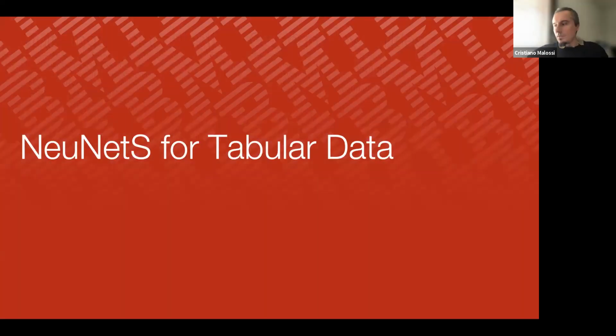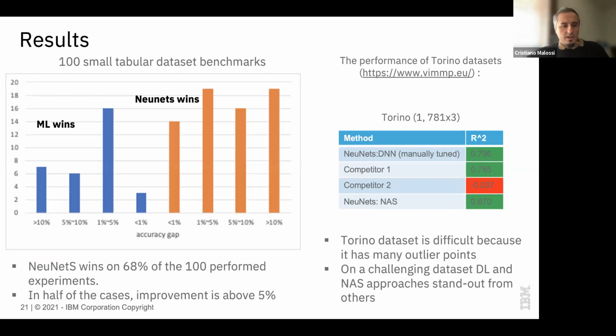I'll spend maybe the last 2 minutes on tabular data. So tabular data is another case we worked on a lot. What you see here is a comparison between what NeoNet does versus traditional machine learning on benchmarks that were designed for traditional machine learning.